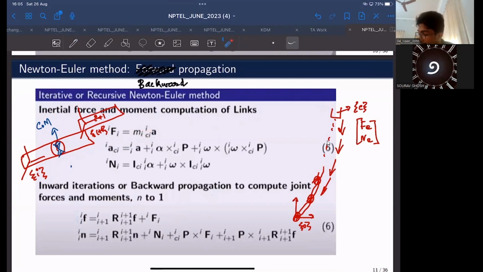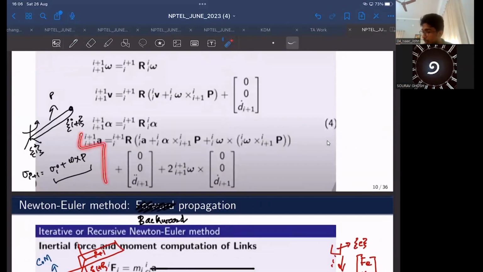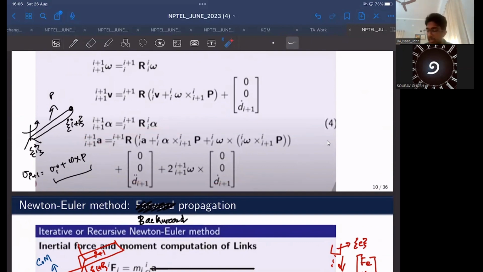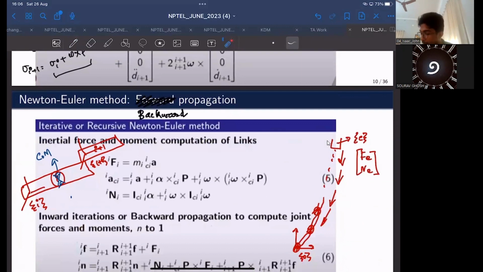But we haven't yet given out how to determine this term, the acceleration of the center of mass. Again, if you go back to the previous equations, this lengthy expression, and substitute some of the key terms that could be applied to this situation, you will be able to get this expression.